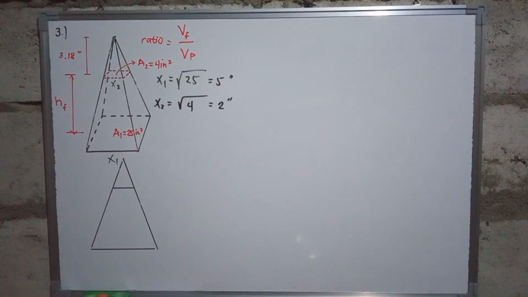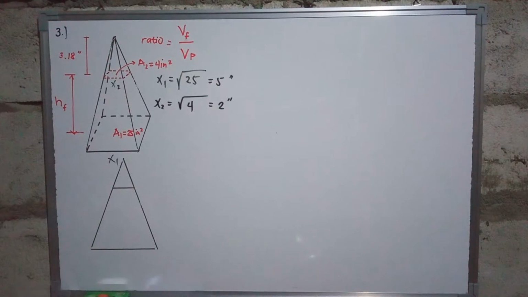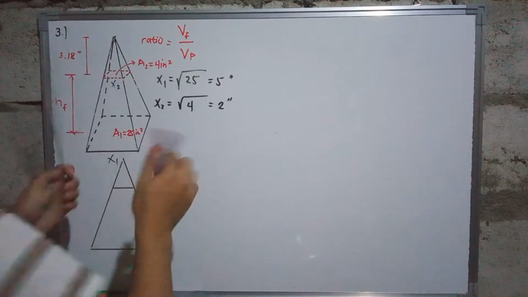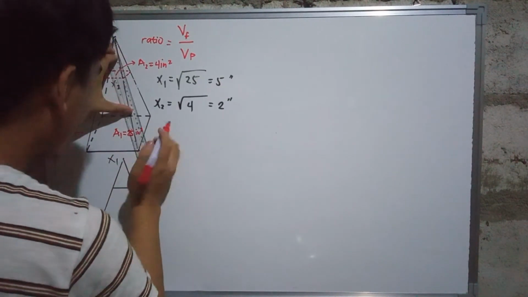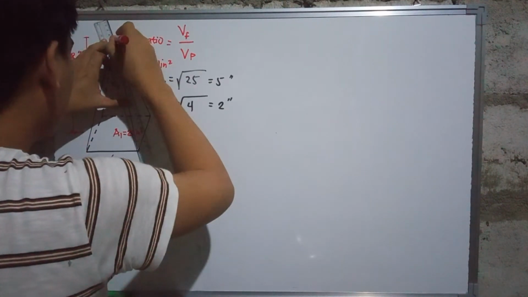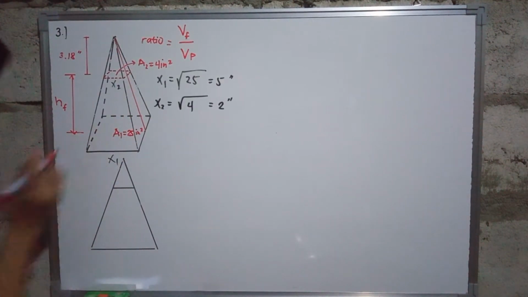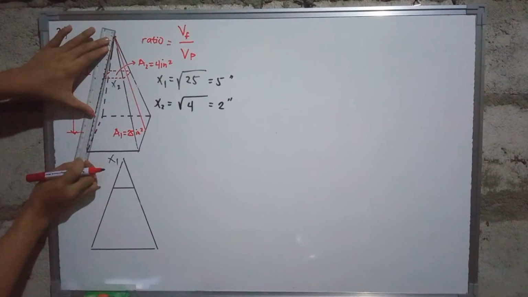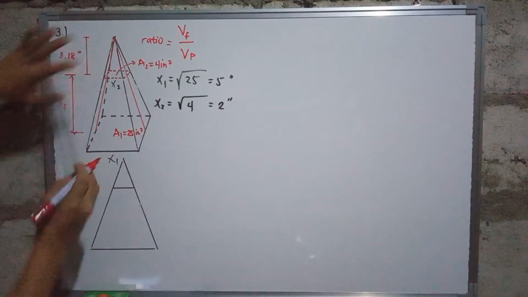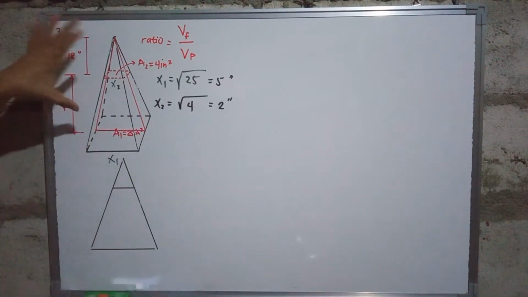So, kung titingnan ninyo dito sa gitna, kung hahatiin natin yan sa gitna, yung mangyayari is from the vertex, tapos dun sa gitna nung side natin, kung magdodraw tayo dyan, tapos i-connect din natin from the vertex dun sa gitna din ng ating side, and i-connect natin yung dalawa, makaka-form tayo ng triangle.